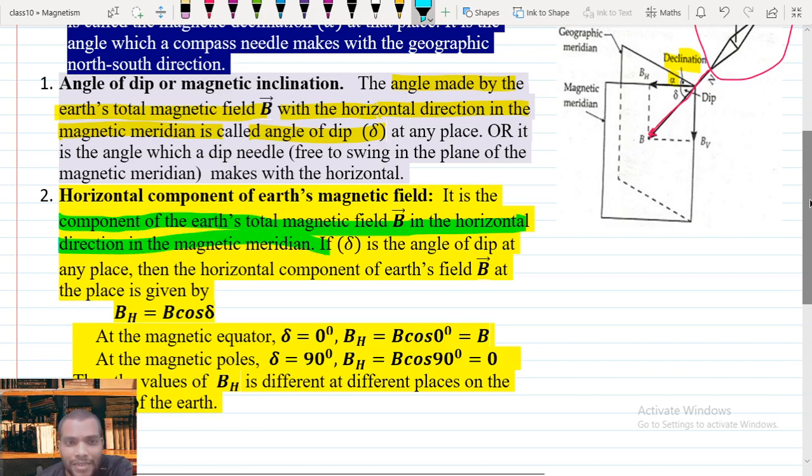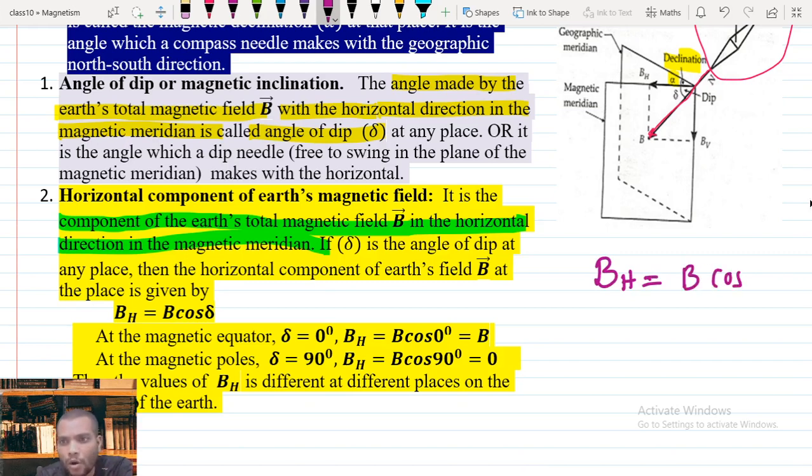We write it as B suffix H. B_H, the horizontal component, making an angle delta, equals B cos delta. This is a very important equation. Here delta is the angle between the horizontal component of the magnetic meridian and the total magnetic component.